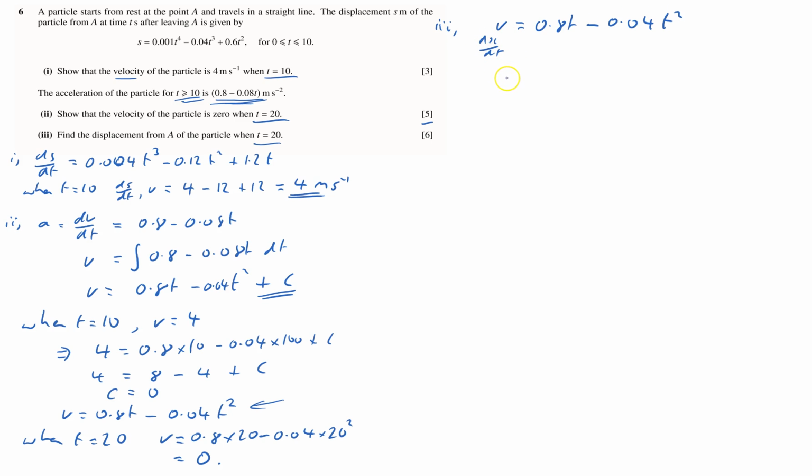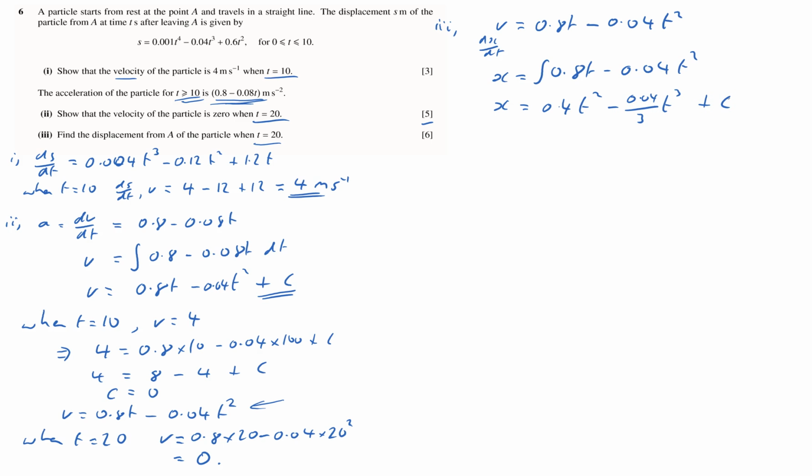So if I want to find out what x is, I need to integrate the above. So I'm going to integrate that, and don't forget when I integrate it, I'll also get the plus c. So x equals, that will be, go to t squared, integrating, so increase the power, so that'll be 0.4, and then it'll be minus, and it'll be t cubed, and that'll be 0.04 over 3 plus c.